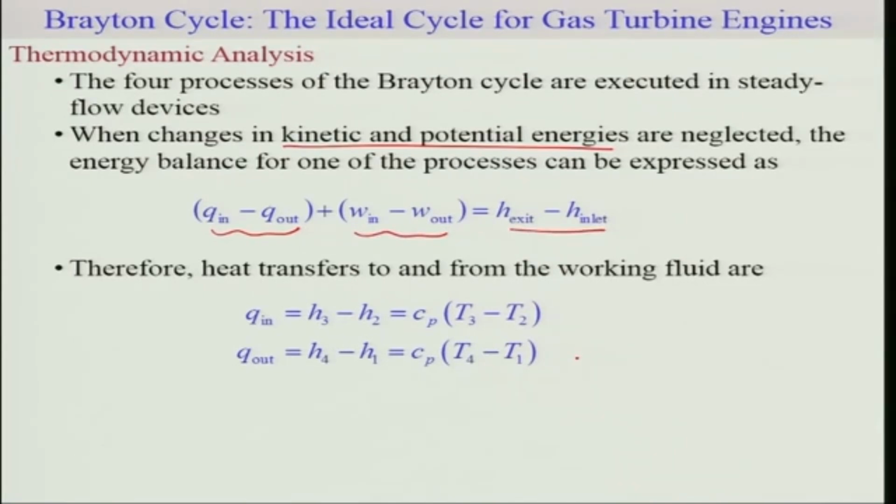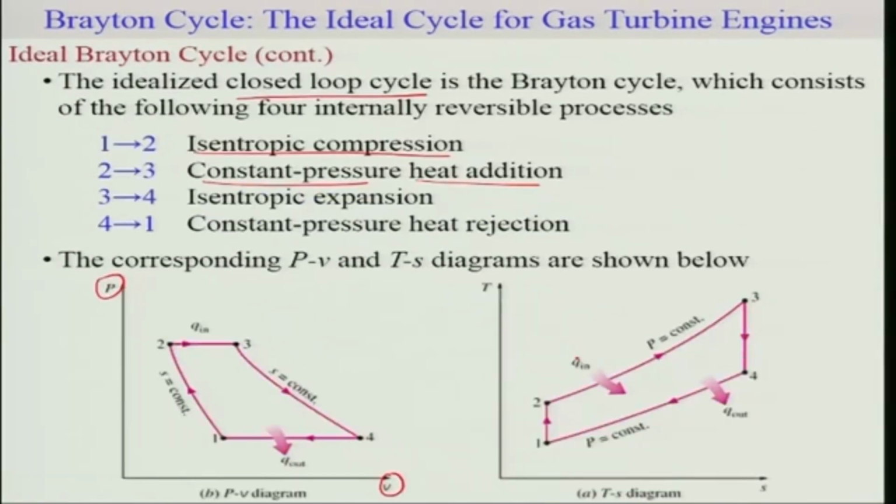This is the energy balance we are going to consider, but you can consider it separately for each process. For example, Q in is at constant pressure, and it is simply the change in enthalpy from 2 to 3.